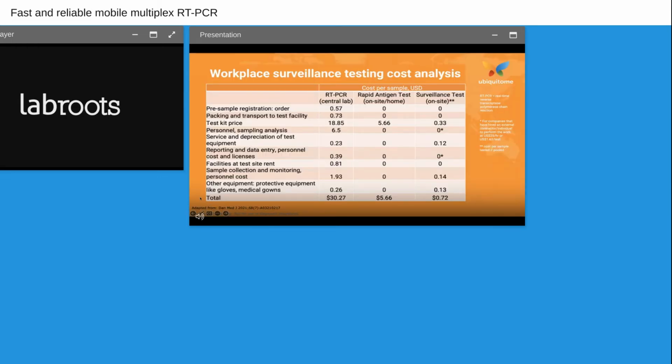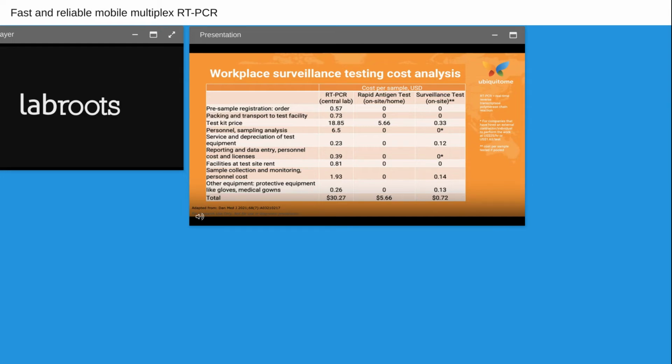So with all of the case studies now talked about and covered, what I want to bring your attention to is actually this particular table. It's a very curated cost analysis table, basically and essentially looking at the 3 ways of detecting COVID-19 today.